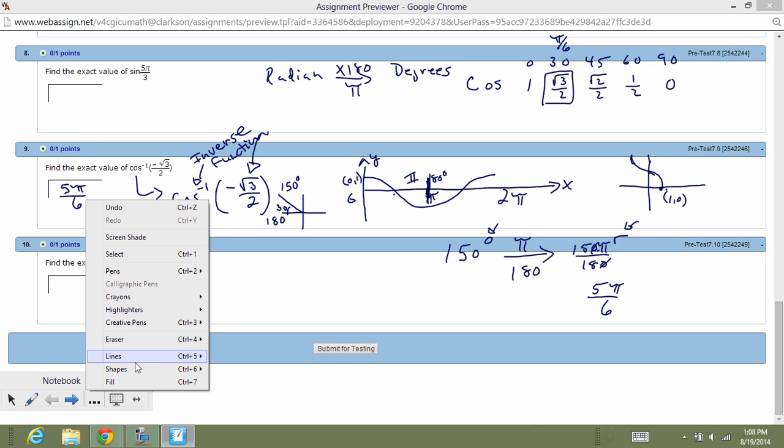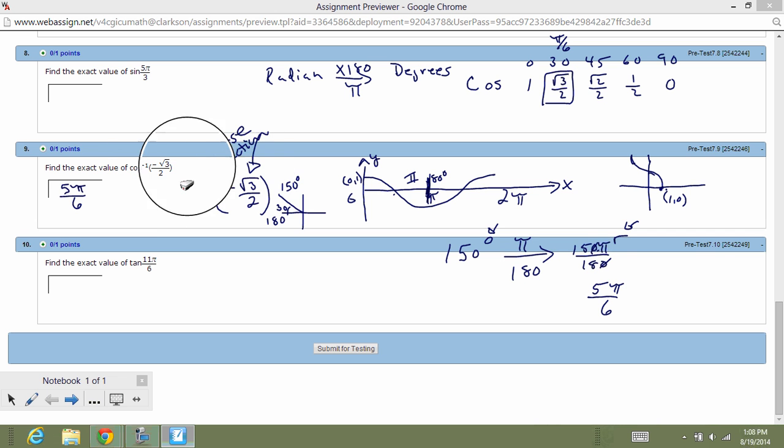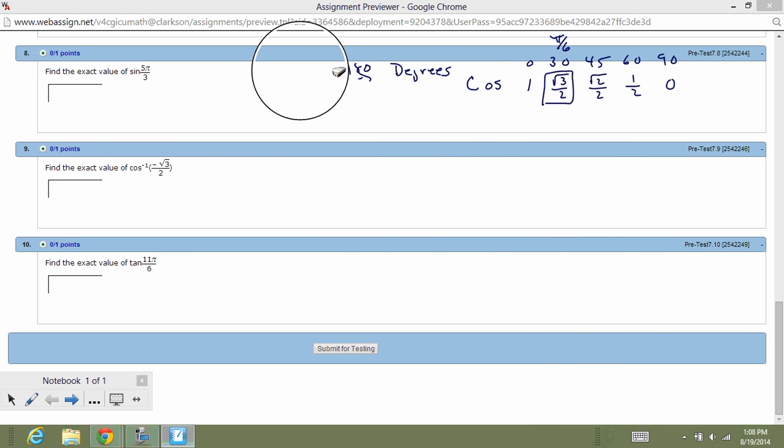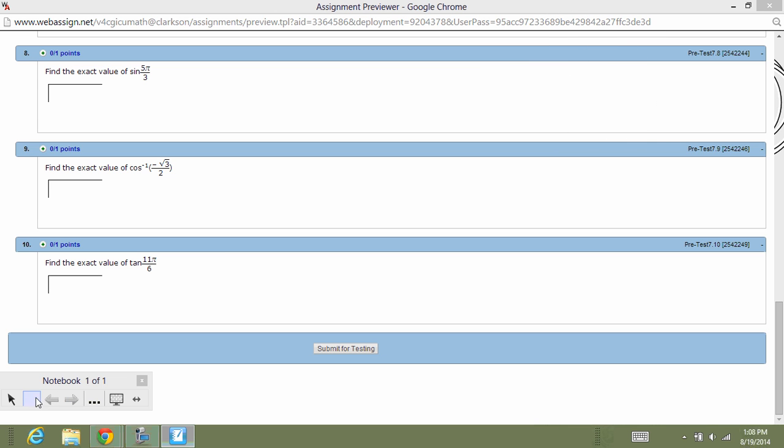One more to do, question number 10, and it's find the exact value of the tangent of 11 pi over 6. And hopefully this type is easy. Tangent 11 pi over 6, the first thing we'll do is change the 11 pi over 6 to degrees. That's a radian measure there. And you'll always be given radian measures.